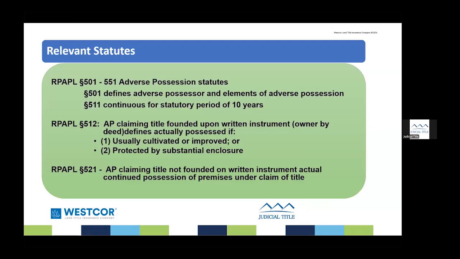Some of the sections where it changed a little bit is section 501, which now defines an adverse possessor as someone who occupies the real property of another, with or without knowledge of the other party's superior rights, in a manner which would give such other owner a cause of action for ejectment. The most controversial new requirement is that the adverse possessor must have a reasonable basis for their belief that the property in question actually belongs to them.